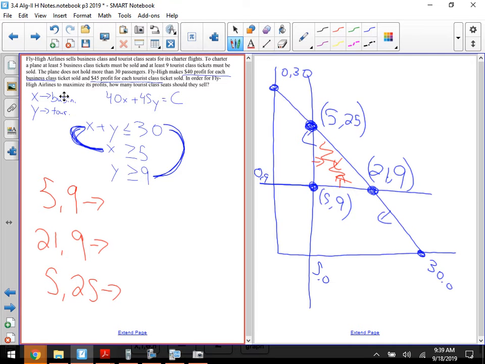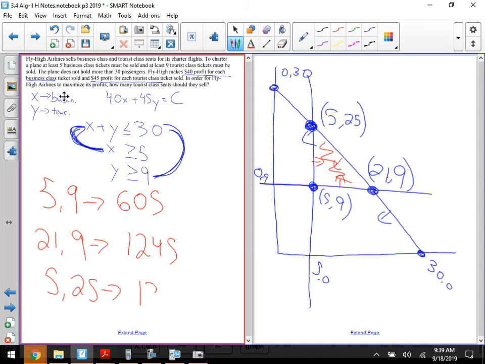And then we're just going ahead and substituting it into your objective function. As you go back to your objective function, you've got 5 times 40 plus 9 times 45. I did all these earlier. I got 5 and 9, that was 605. 21 and 9 gives me 1245.